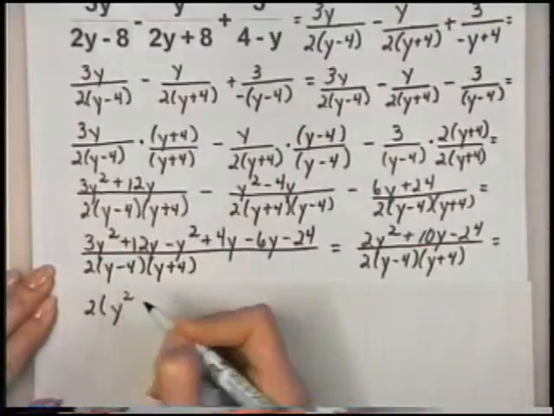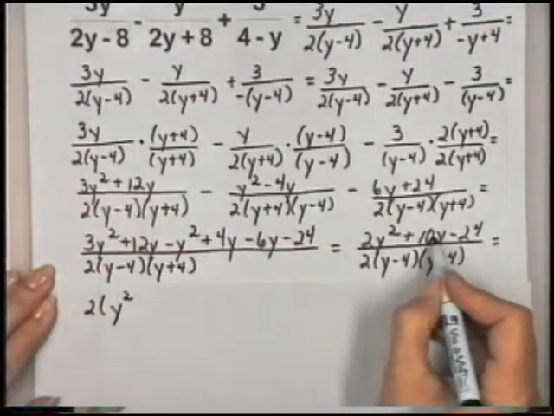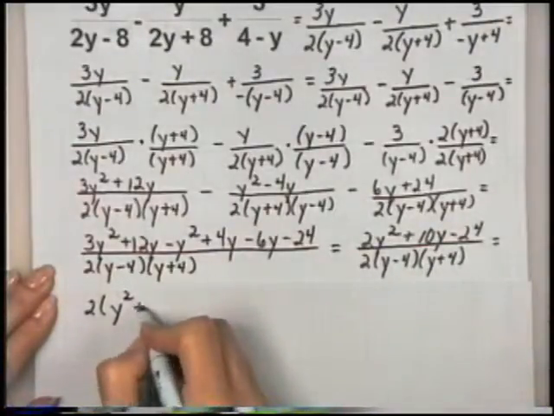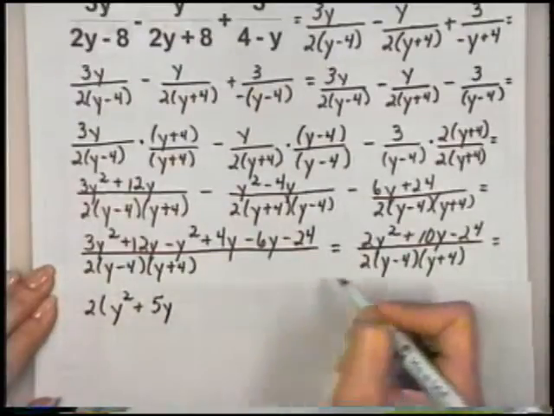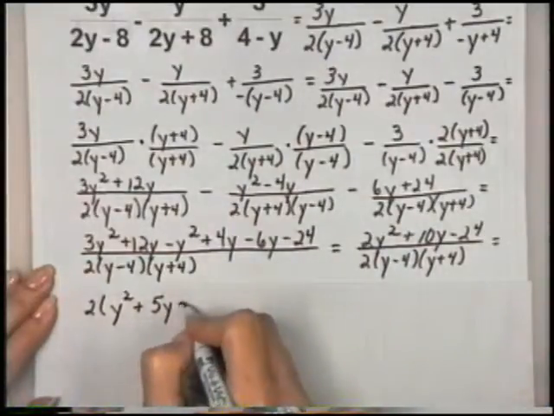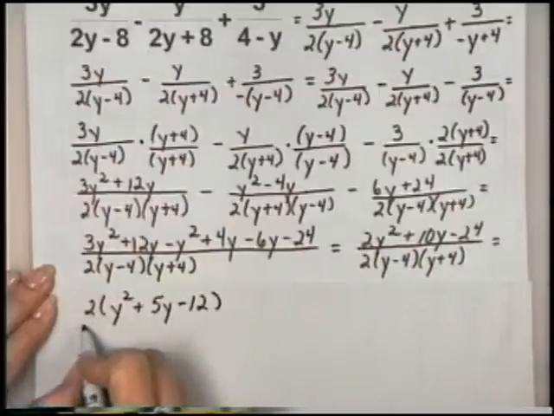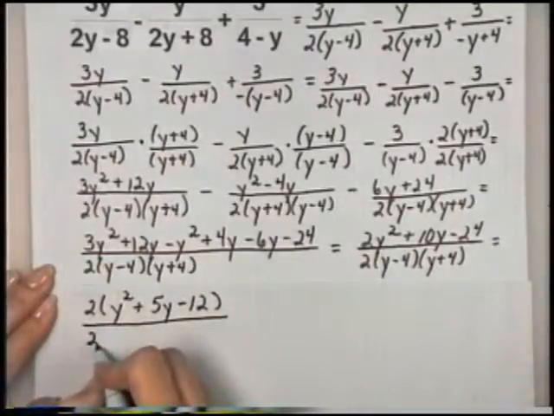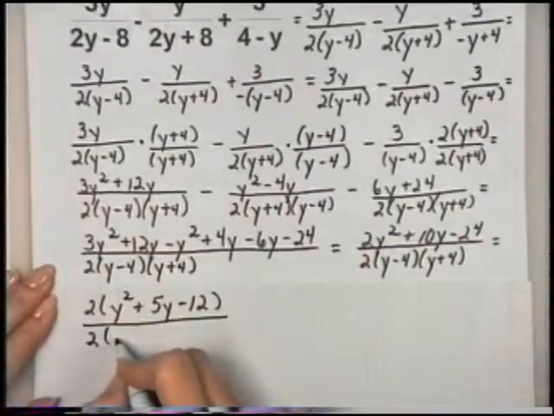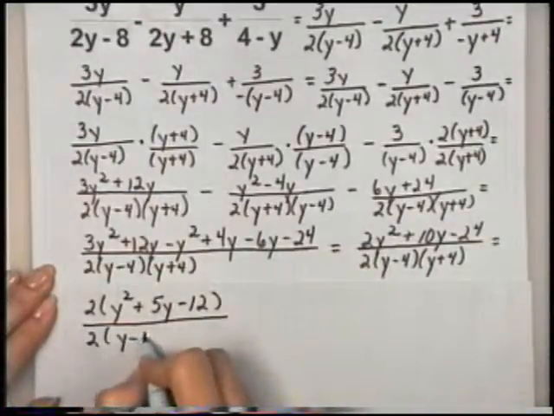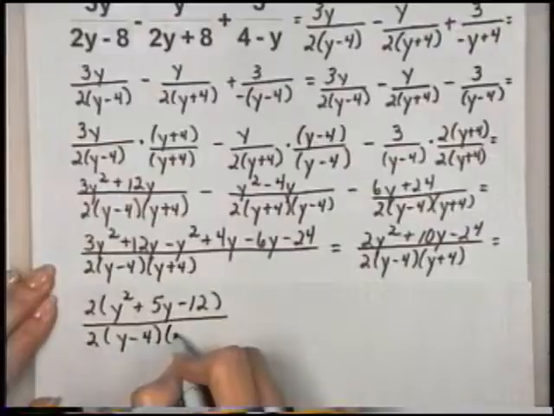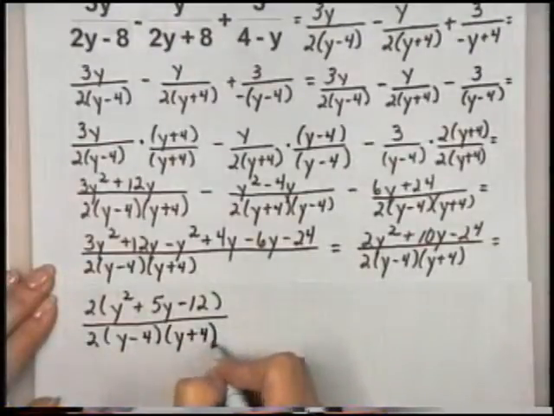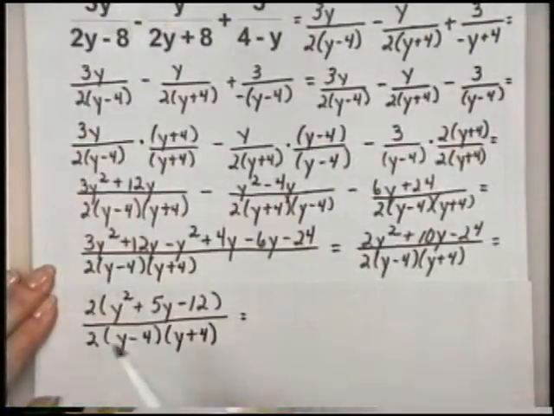When I factor the 2 out, of the first term I have y squared. Of the second term I have plus 5y. Of the third term I have minus 12. In the denominator I have a factor of 2, a factor of y minus 4, and a factor of y plus 4.